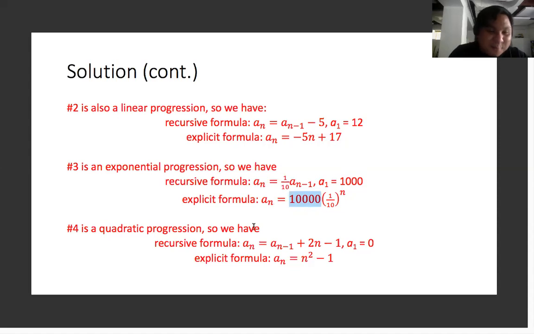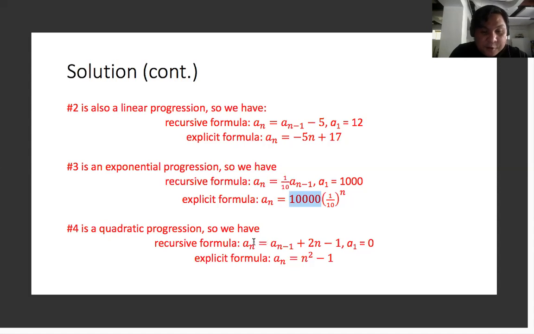Number 4 is the most challenging. It's a quadratic progression. Okay, so if you've known me, you do know that I do love putting in something new, right? Thus, just so that you are exposed. So notice how different a quadratic progression is.